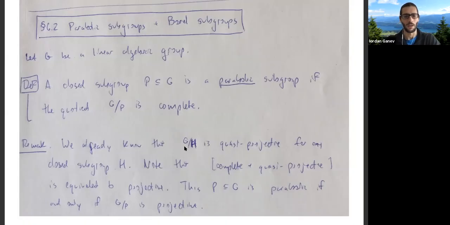And anything that's projective is complete. So a subgroup P is parabolic if and only if the quotient G mod P is projective. If you like that definition better, you can stick with it.